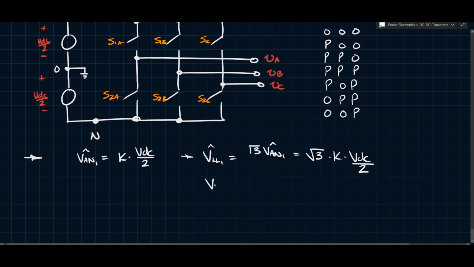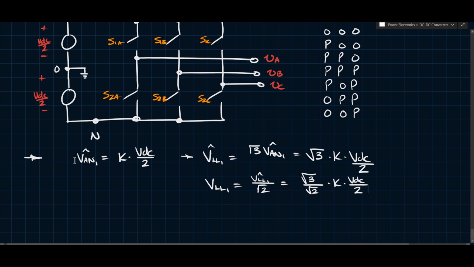Now if you want to find the RMS value, let's just leave that without a hat. That would basically be VLL1 peak over root 2, which would be root 3 over root 2 times K times VDC over 2. So that would be the magnitude of that line-to-line voltage.